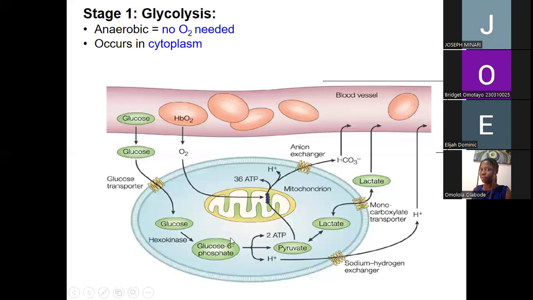So it is during this process of breaking down glucose to pyruvate that ATP is actually being produced, and this happens in the cytoplasm, but the bulk generation of energy through the electron transport chain happens in the mitochondria.